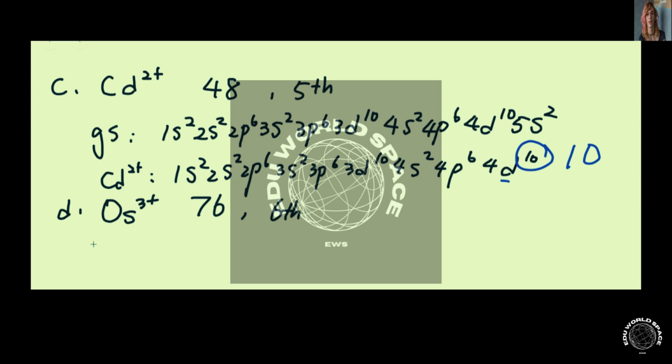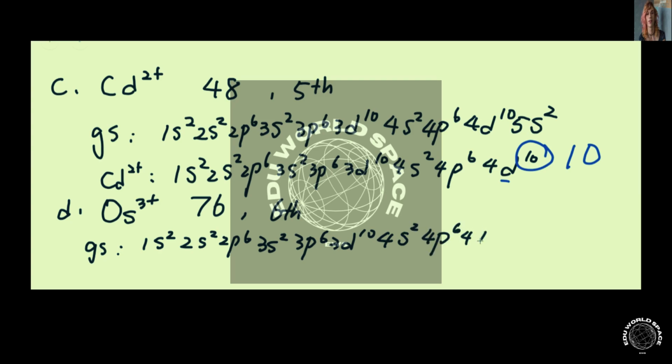So the ground state electronic configuration for this element will be 1s2, 2s2, 2p6, 3s2, 3p6, 3d10, 4s2, 4p6, 4d10, 5s2, 5p6, 5d6, and 6s2.